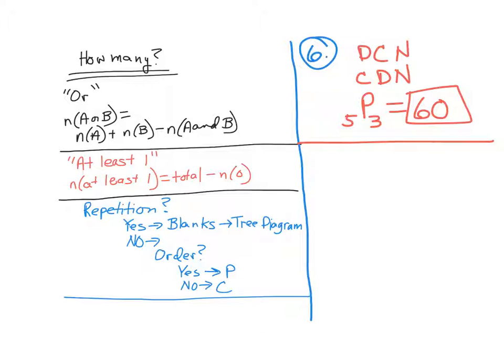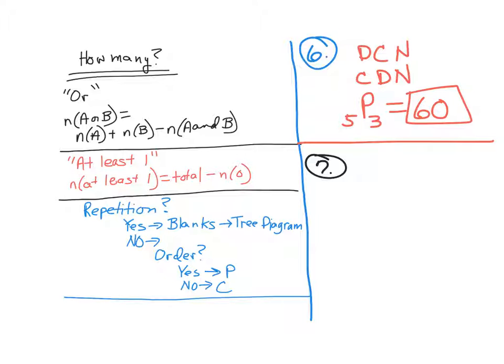Okay, the next problem I would like to look at together is number 7. Let's read. Fred, Jerry, Peggy, and Juanita go to the ball game. In how many different ways can they sit? Okay, let's consider that question first. Is that an or problem? No. Is it an at least one problem?